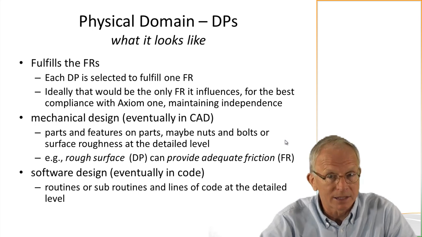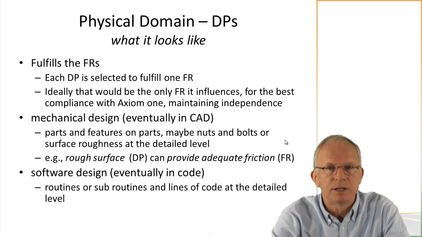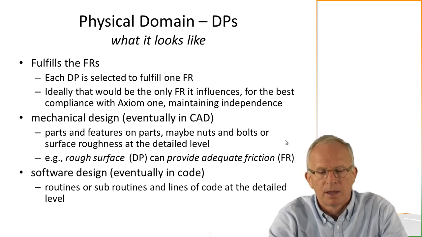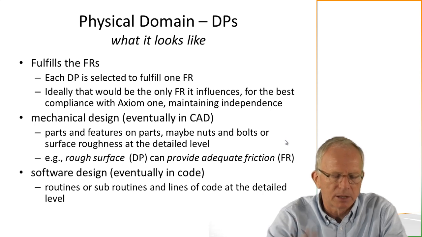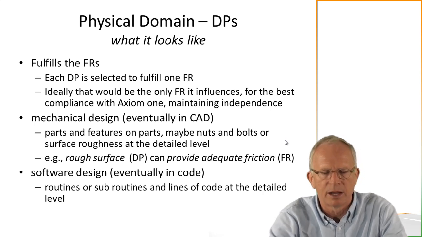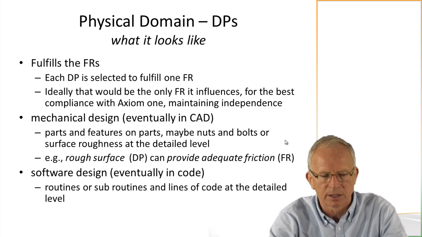But if I'm designing the nuts and bolts, that's starting off the most general level, and then I have to do the decomposition of that. And so it depends on what it is we're designing when we think the solution is obvious. So we'll be taking a look at the decomposition in the next lecture and defining a little bit more what it means to get to the most detailed level.